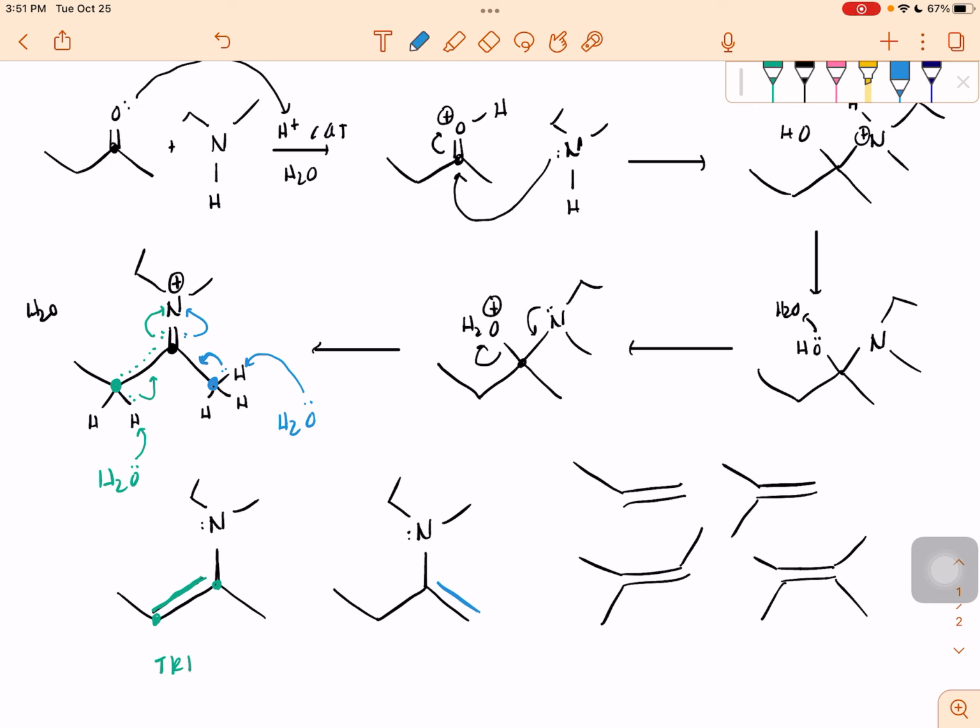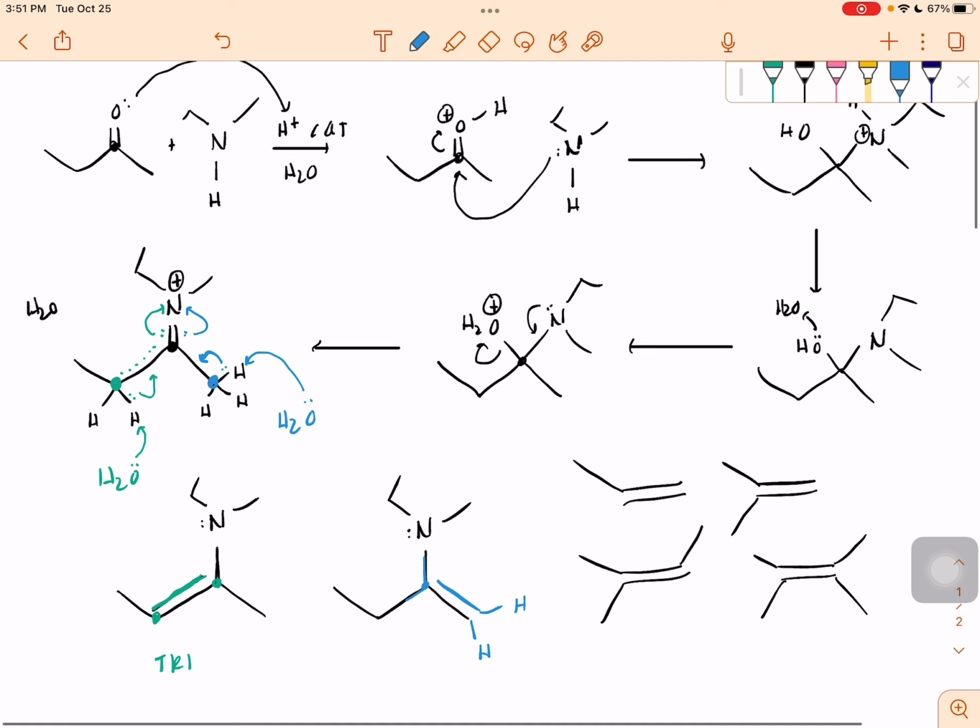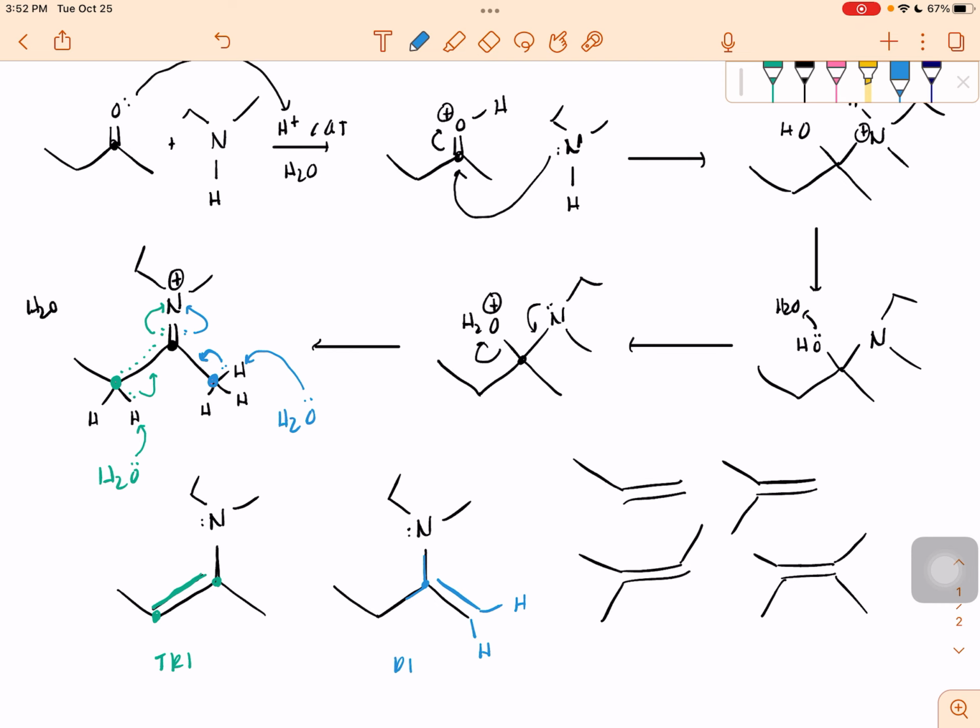And if I'm looking at my blue one, it has 2 non-hydrogen substituents, but it has 2 hydrogen substituents. So that means that my right molecule is di-substituted, making my tri-substituted product more stable. Since this product is more stable, that means that it is my major product.